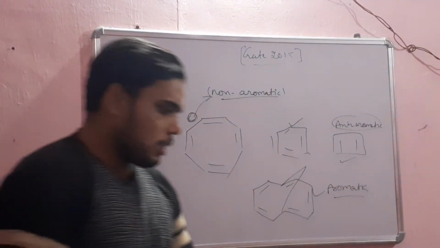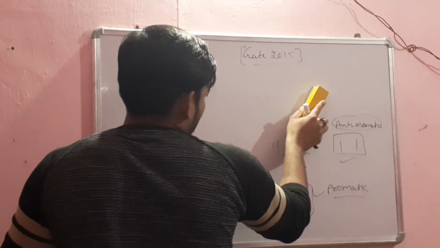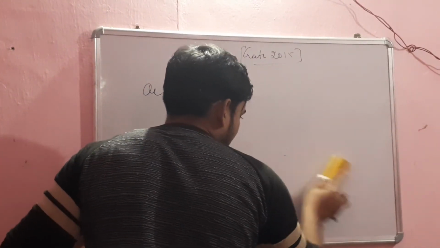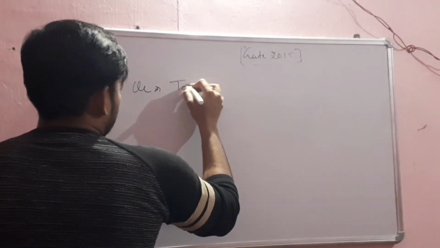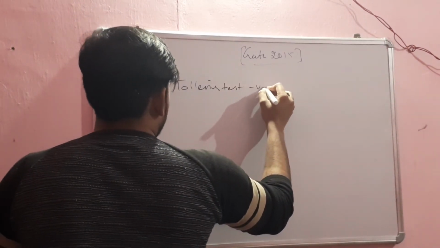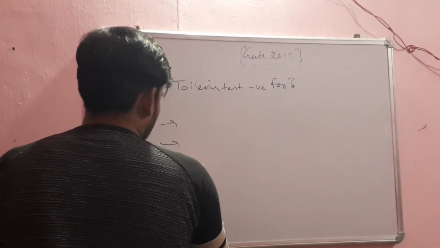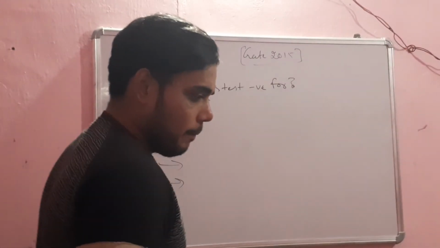The next question is the Tollens test. It is also a very easy question, but it is from biomolecules. You all know the Tollens test is being done. The Tollens test is negative for which molecule? So it is also a question based on your memory.